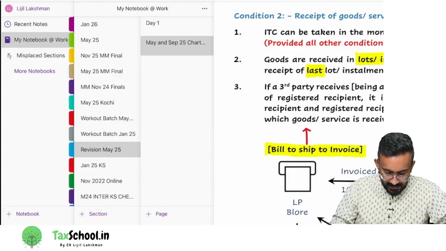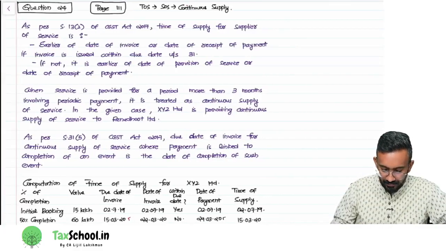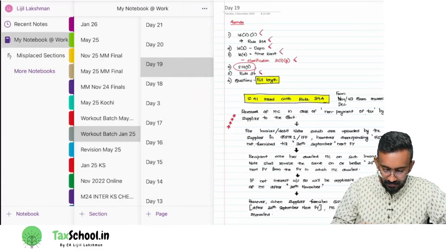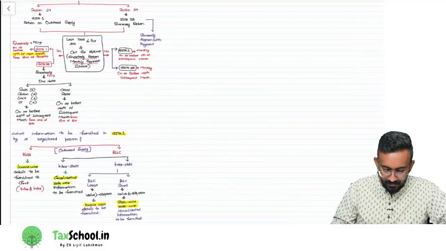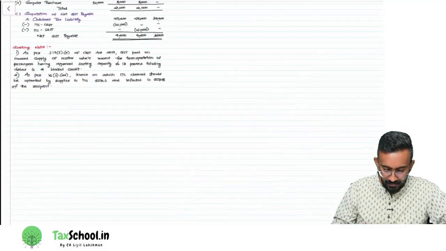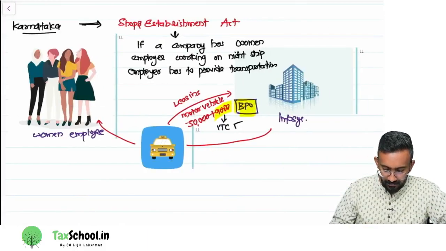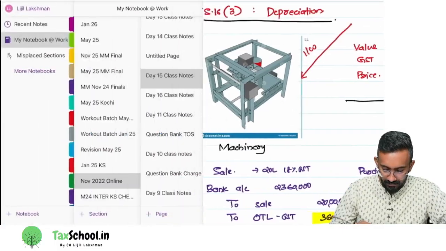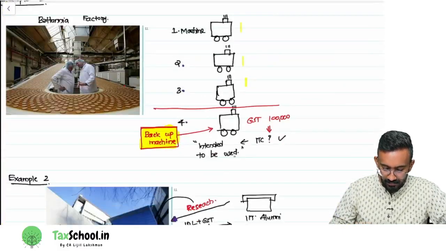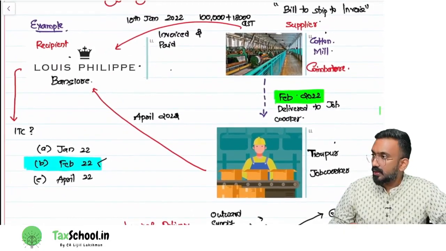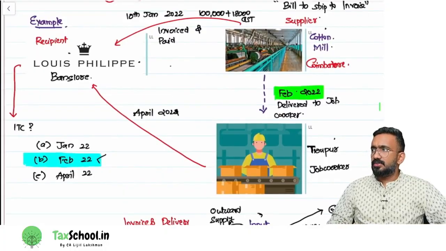I'll give you an example. This particular area talks about bill to ship to invoice.